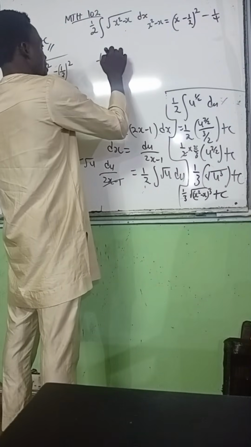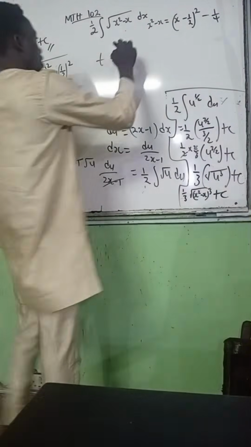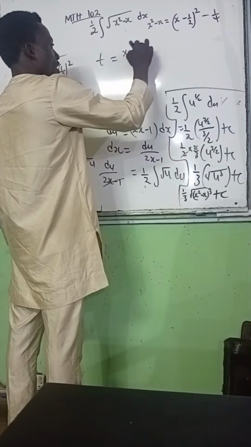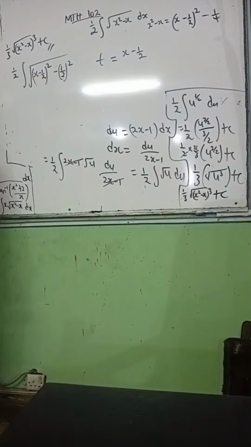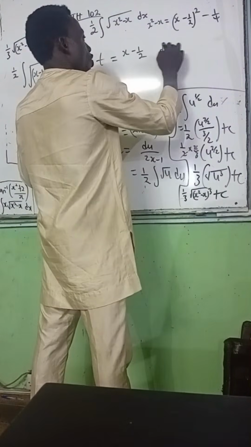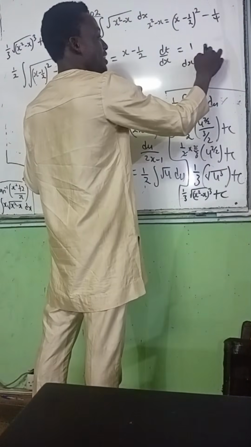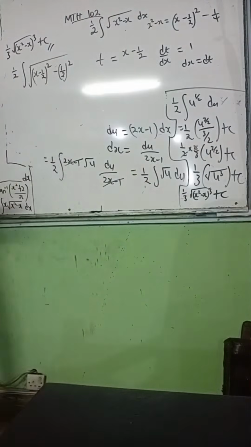So let's bring in t, because we have used u first. Let t be x minus 1 over 2. Are we together? If t equals x minus 1 over 2, dt over dx will give us 1, right? That means dx equals dt. Good job. That's thorough. Shall we move?